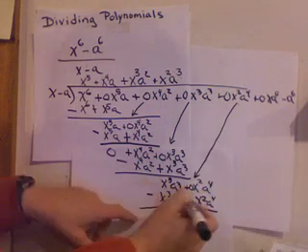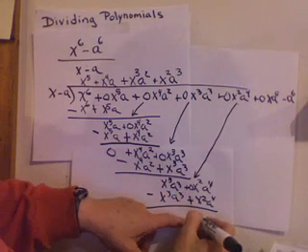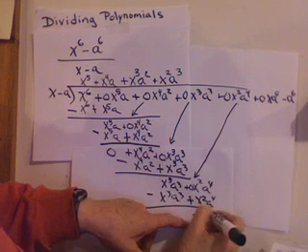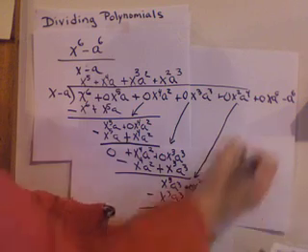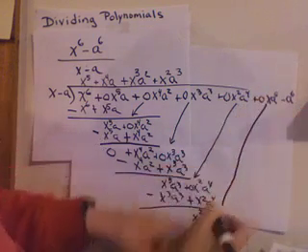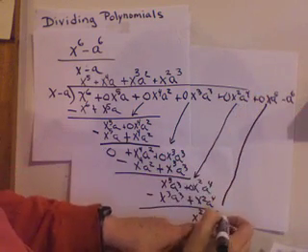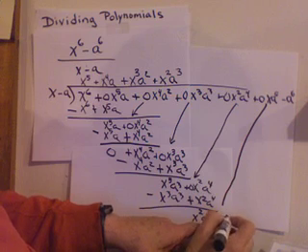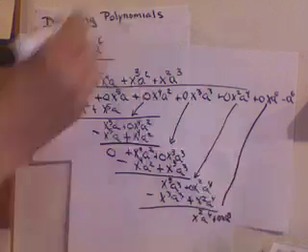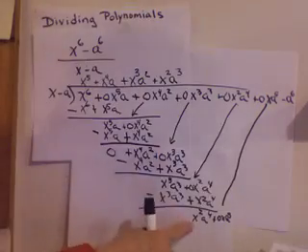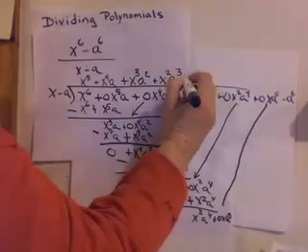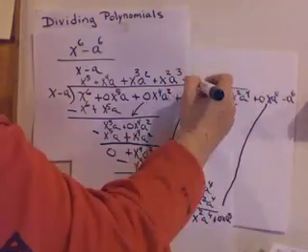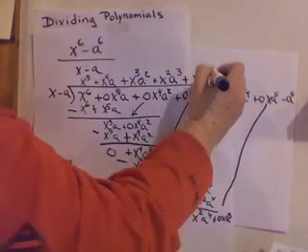Draw the line, change the signs. Now I get x squared a to the 4th. Bring down the 0 x a to the fifth, and then I think what times x is going to be x squared a to the fourth, and hopefully you're going to realize that it's x a to the fourth.